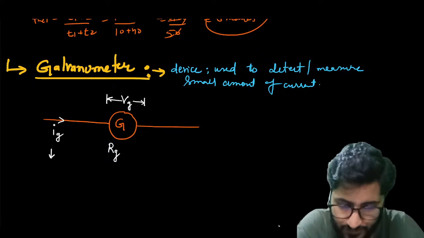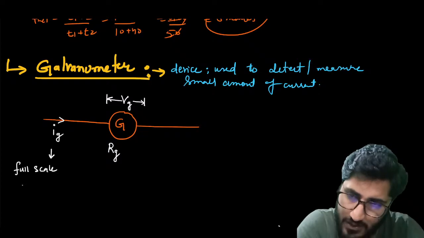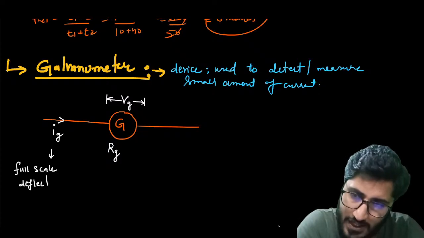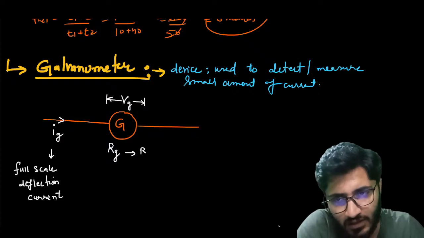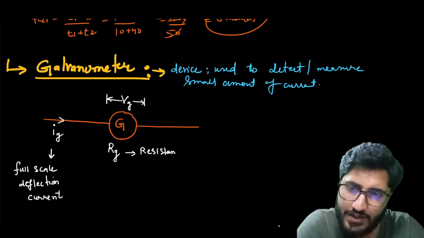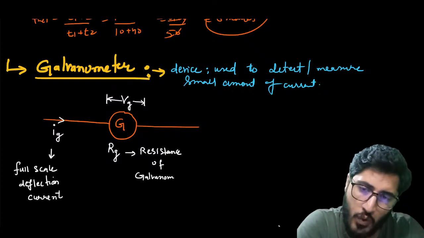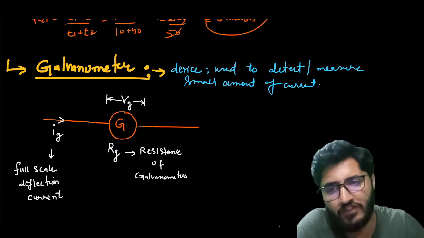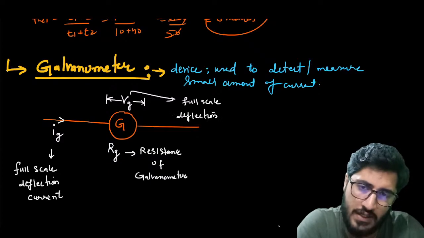What is IG? IG is full scale deflection current. What is RG? RG is resistance of galvanometer. What is VG? Full scale deflection voltage.